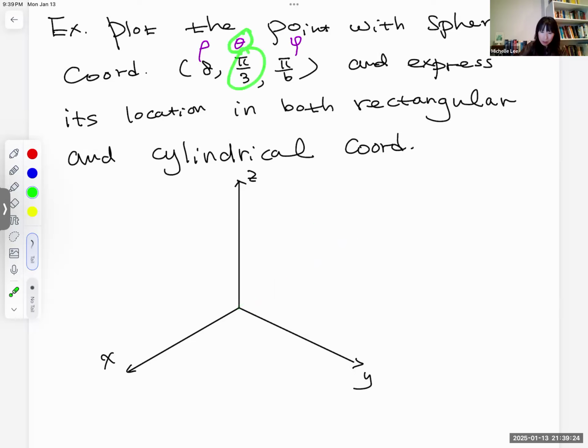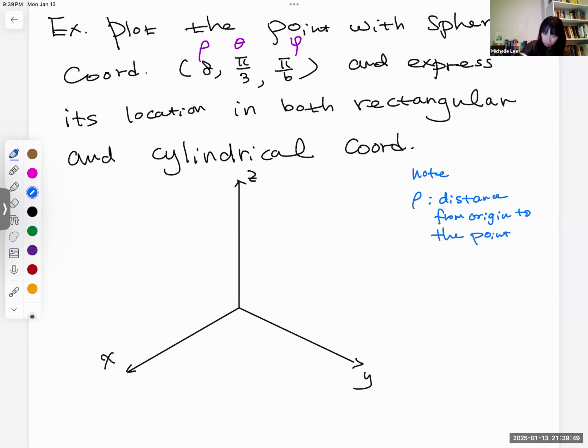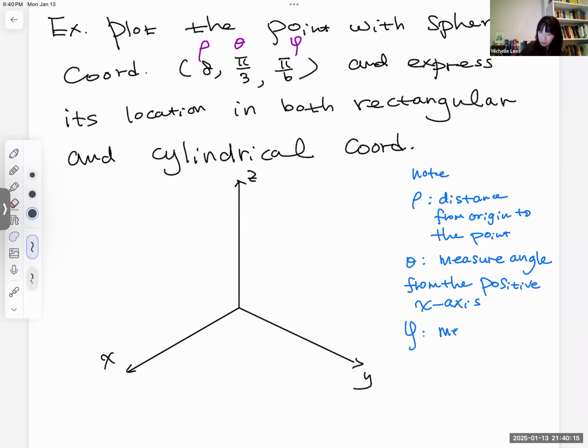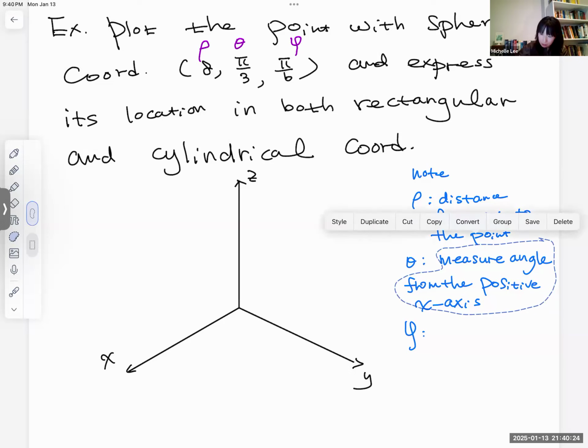Pi over 3, so we measure angle theta from the positive x-axis, and phi, we measure the angle from the positive z-axis, yeah?